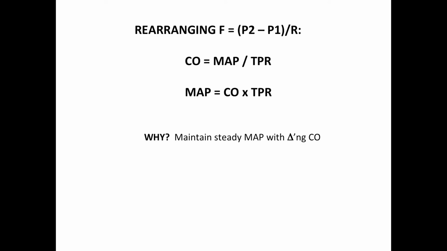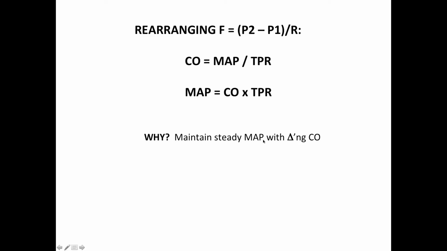And then if we do a little more rearranging, we come up with the equation that mean arterial pressure, not only does it equal 1/3 pulse pressure plus diastolic blood pressure, but now it also equals cardiac output times total peripheral resistance. So if I increase either of these variables, cardiac output or total peripheral resistance, I'm going to increase mean arterial pressure.